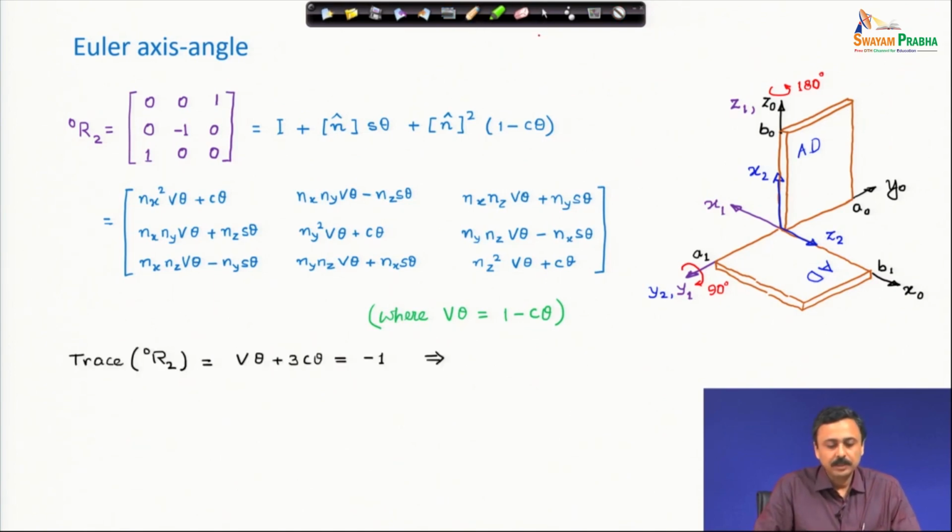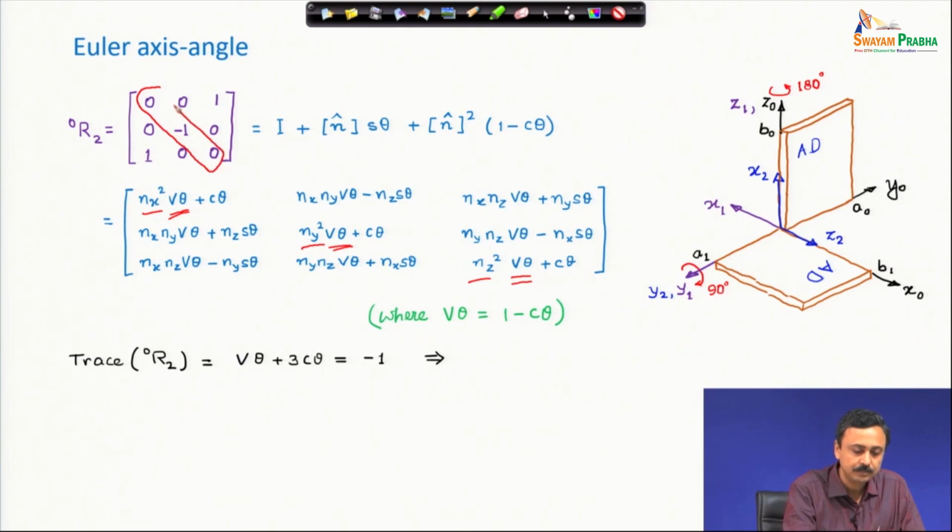You will note that if you take the trace of this rotation matrix, written in this form, you will get verse theta plus 3 cosine theta. Why? Because nx square plus ny square plus nz square will come and verse theta will turn out common, and nx square plus ny square plus nz square is 1. Therefore, we get verse theta plus 3 cosine theta equals the trace of this matrix, that is minus 1.